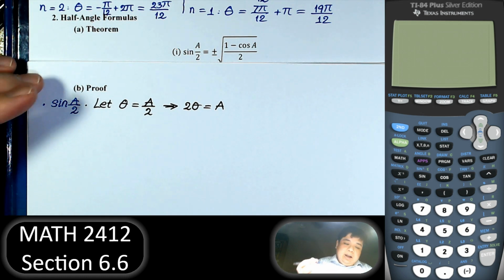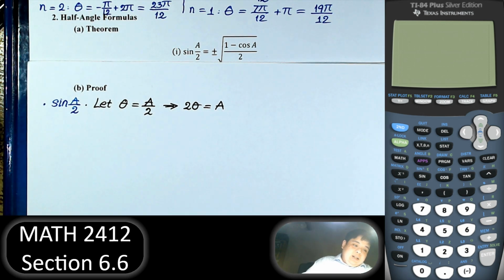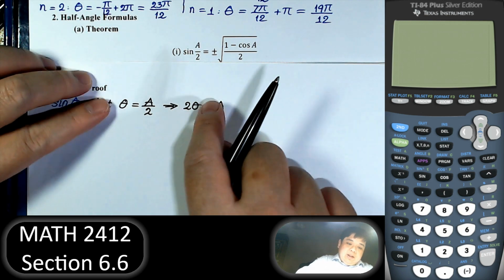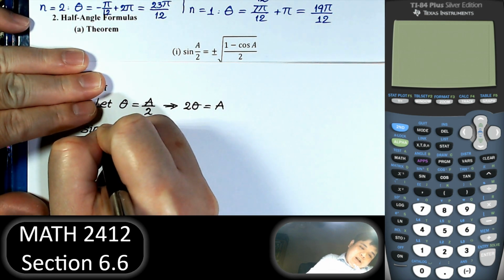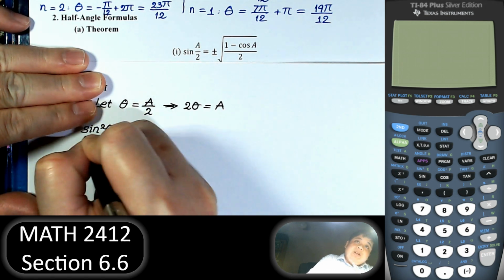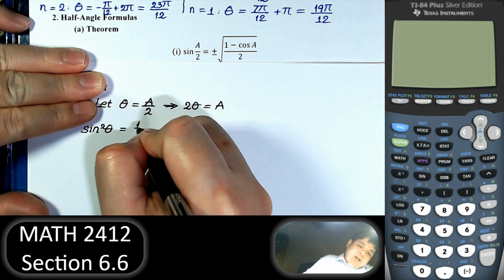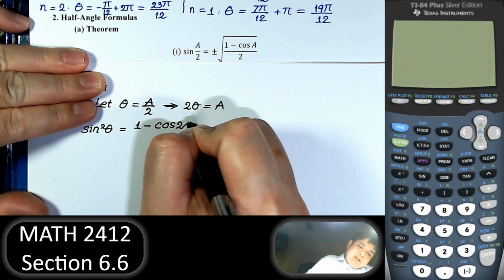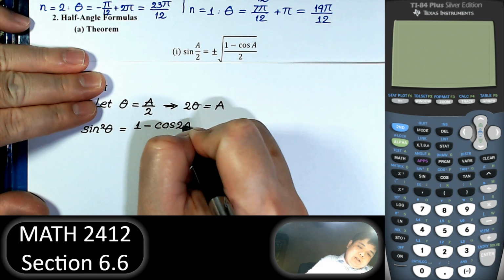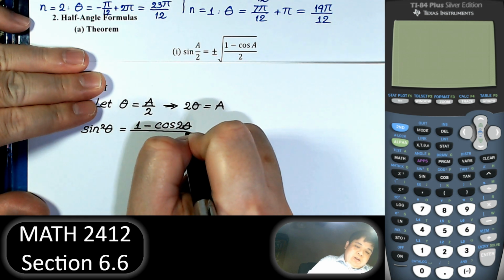Now, we will write the power reducing using theta. We have sine square of theta is 1 minus cosine of 2 theta over 2.